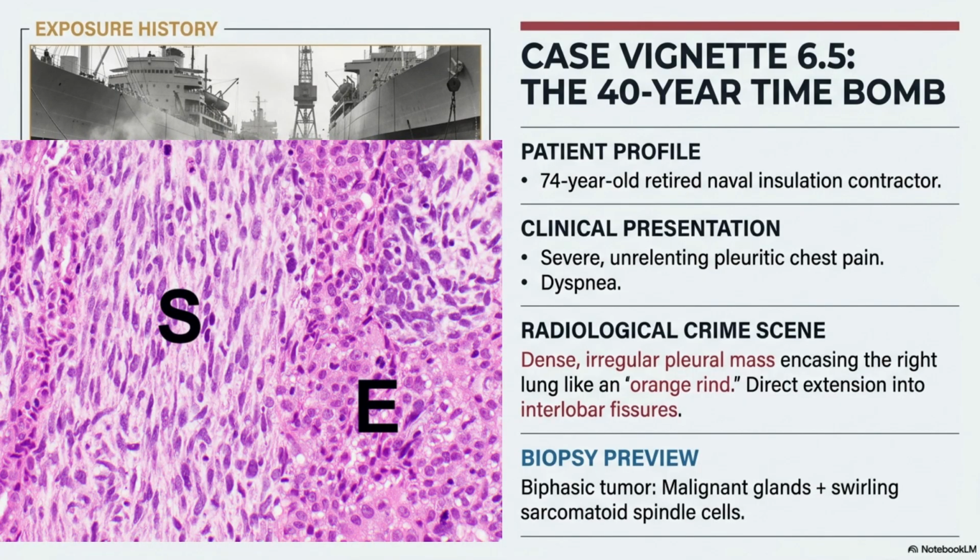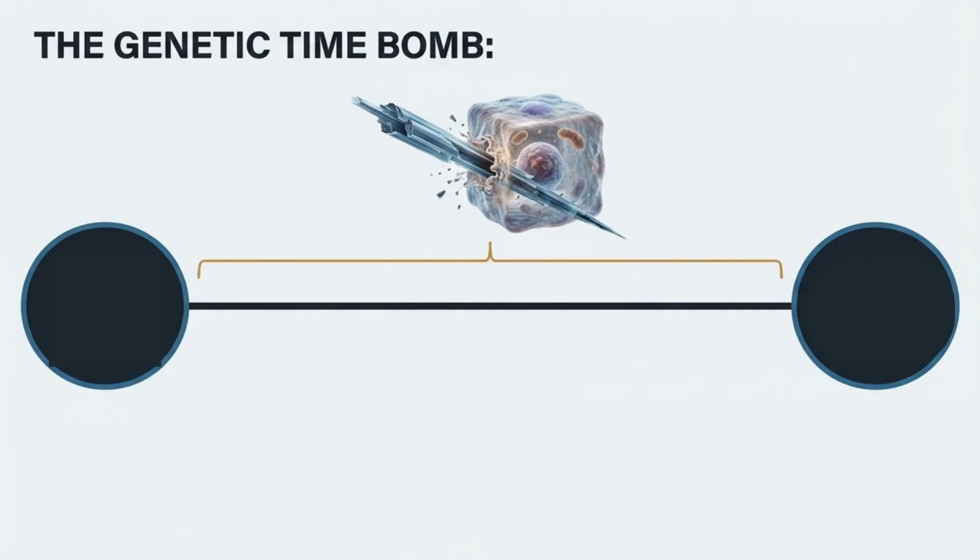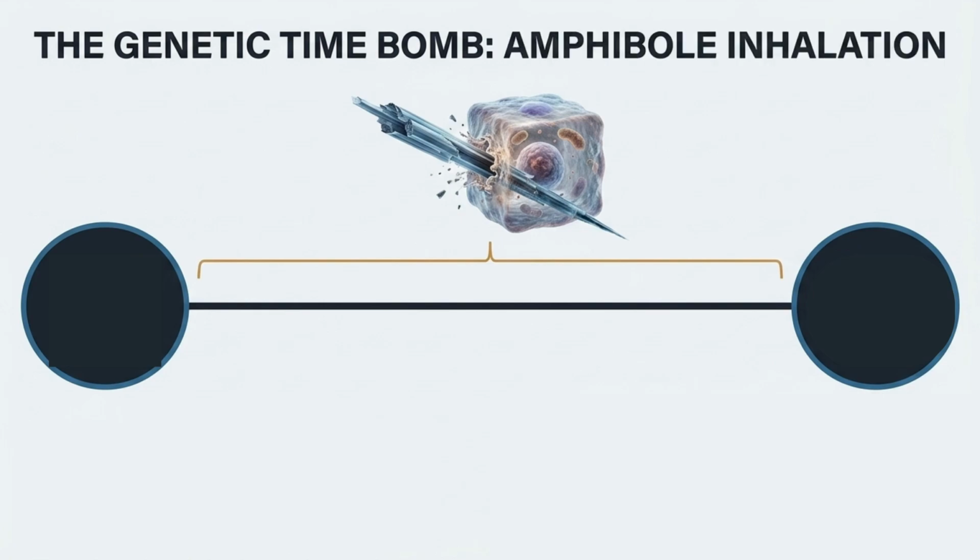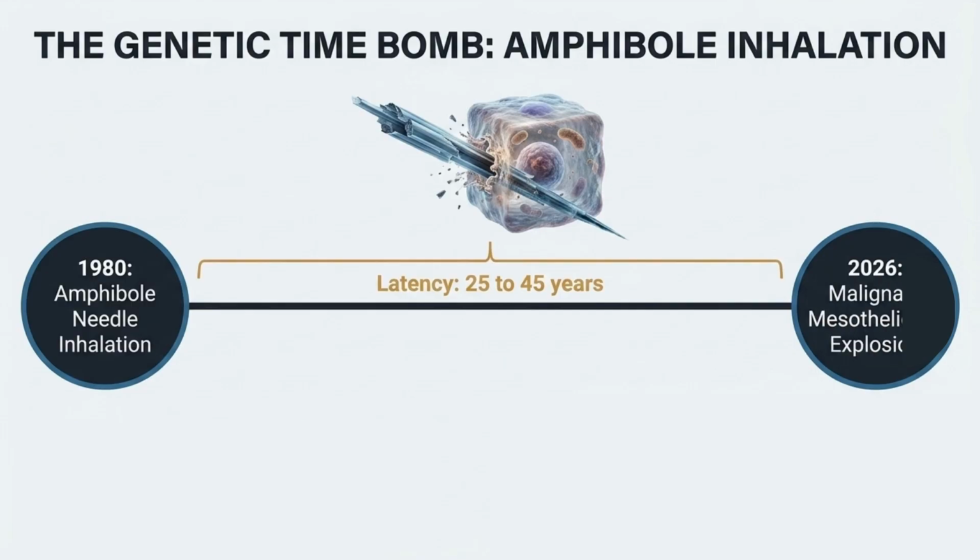A biphasic tumor showing both malignant glands and swirling sarcomatoid spindle cells. To understand this presentation, we have to look at the genetic time bomb, specifically amphibole inhalation. In 1980, this patient inhaled amphibole asbestos needles. After a massive latency period of 25 to 45 years, we are now seeing the malignant mesothelioma explosion in 2026.